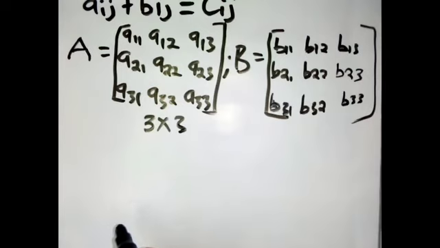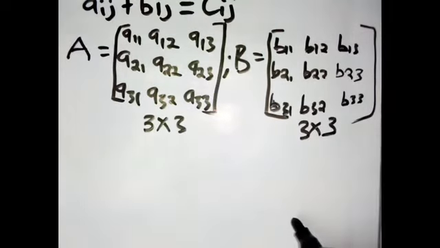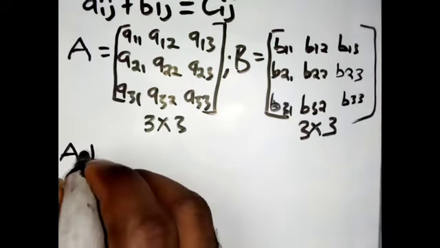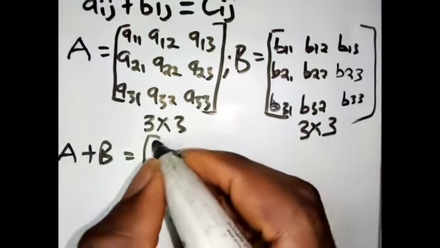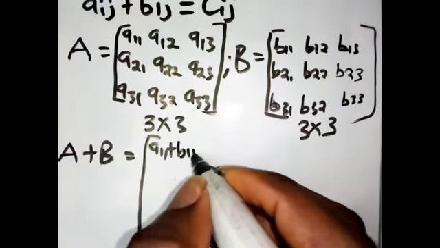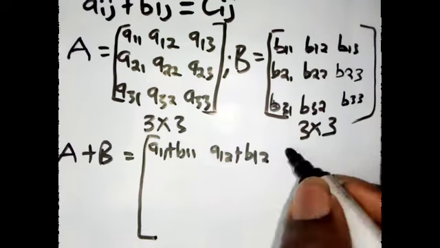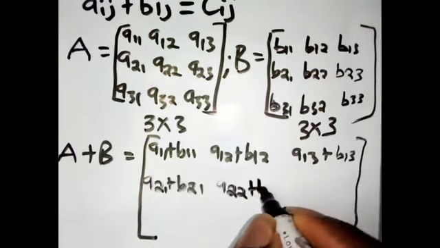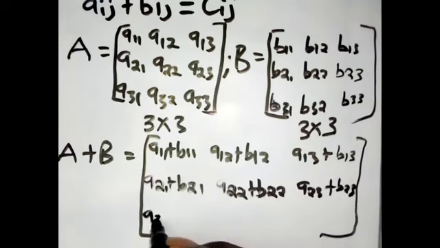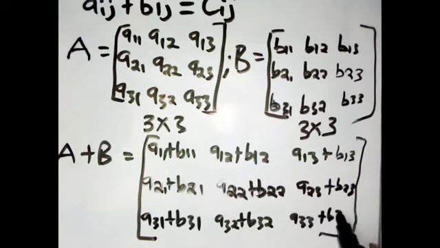So both matrices can be added together under the condition that matrix A has a dimension of 3 by 3 and matrix B has a dimension of 3 by 3. So A can add up with B to give us a new matrix. We have A11 plus B11, we have A12 plus B12, through to A33 plus B33.